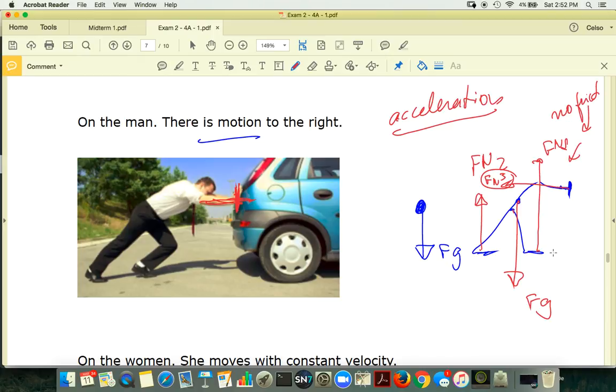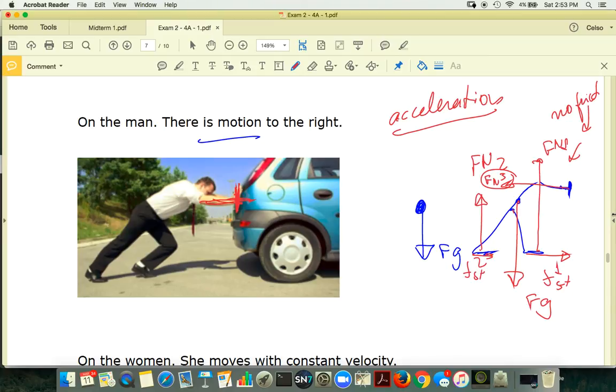If he starts moving the car, that's a static 1 and probably a lesser static 2 here. These two forces combined make his system move forward with a given acceleration, and so the car moves.